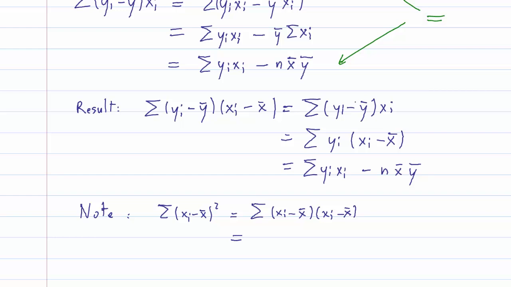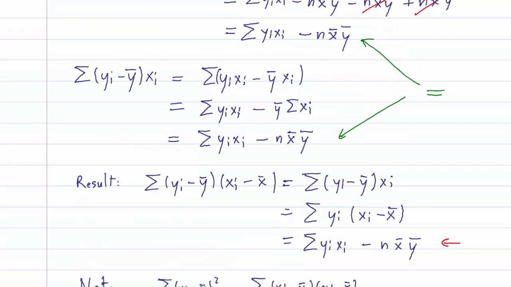We can use the same result here. It's the sum of (xi minus x bar) times xi, or the sum of xi times xi, so it's xi squared, minus n times x bar times x bar, so it's x bar squared. So, important results here that we are going to use.